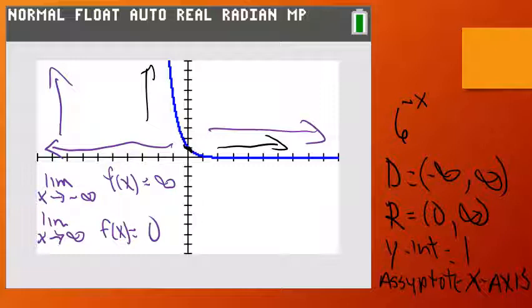Now, what about increasing and decreasing? Well, when we're doing increasing and decreasing, we're actually looking at our graph from left to right.